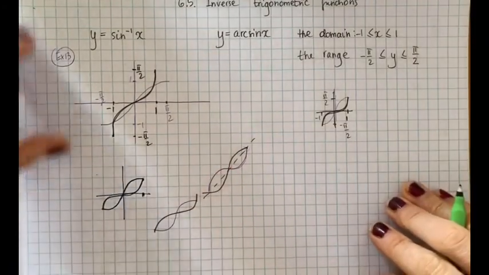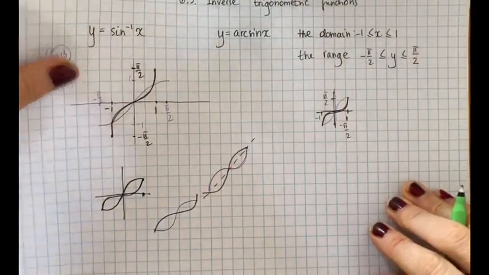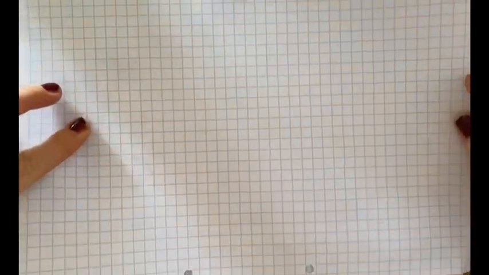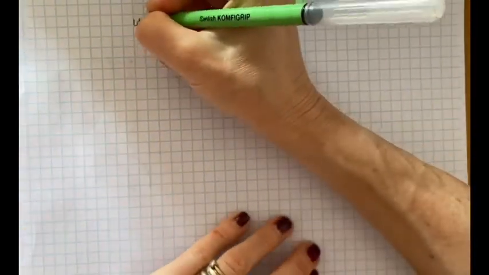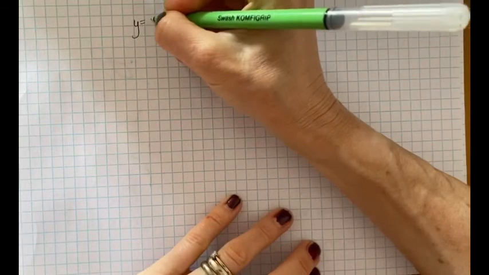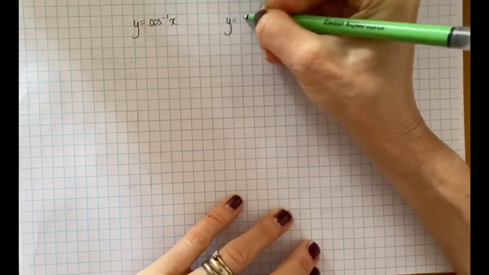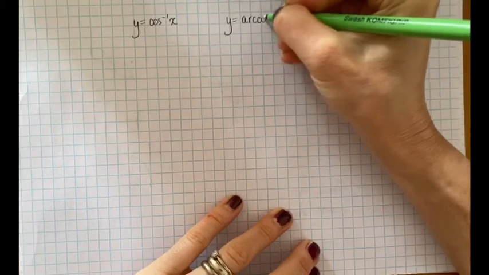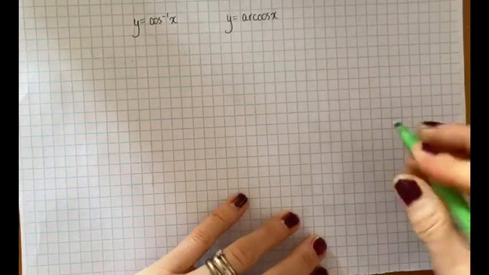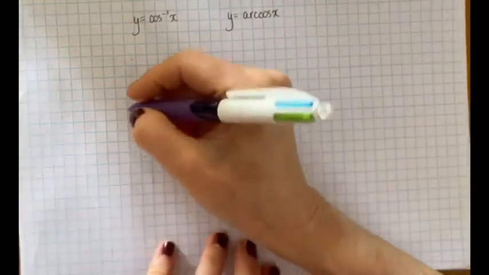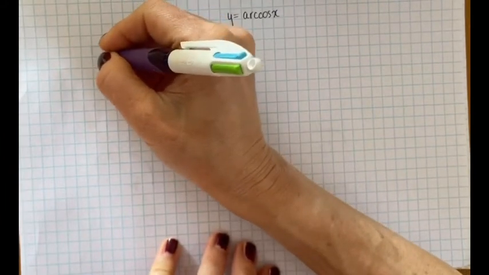We're going to do exactly the same for cos and arc cos. The inverse of cos, so cos inverse, is written as arc cos, two c's next to each other. So how do you sketch it? This time we sketch your cos graph.